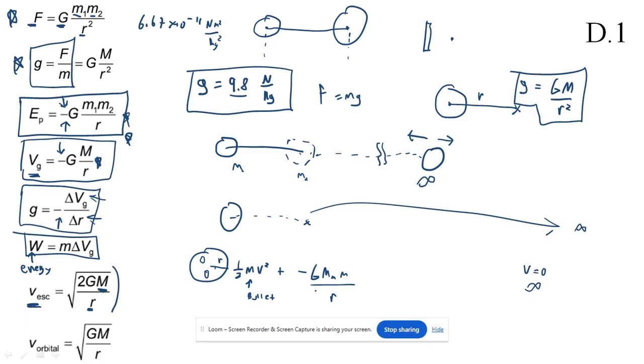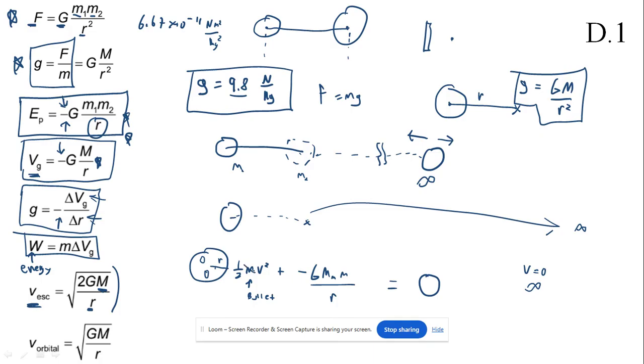Notice it's just r, it's not r squared. Just be careful there. That's the total energy when you shoot it. It's got kinetic energy, and it's got this negative potential energy. And then out here, it has zero potential because our denominator is infinity. It's not moving, so it has no kinetic energy, so it's zero.